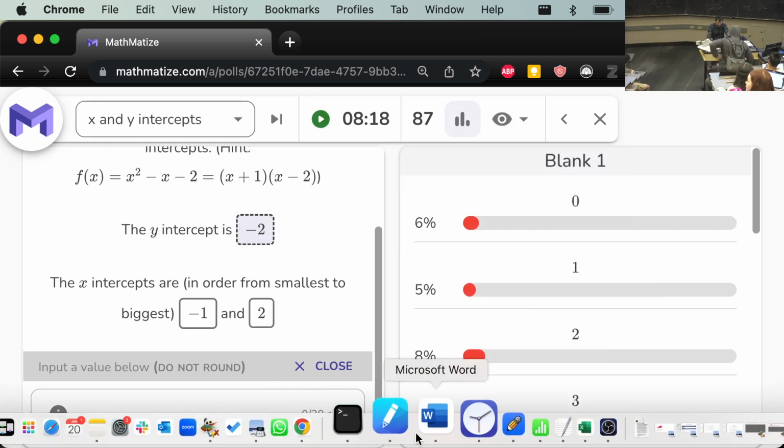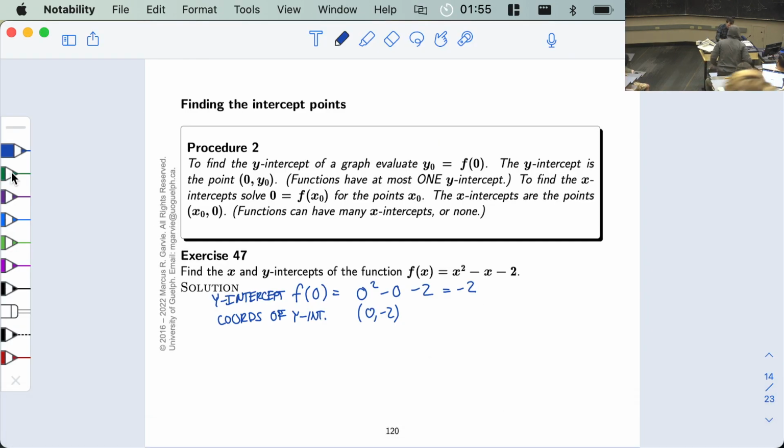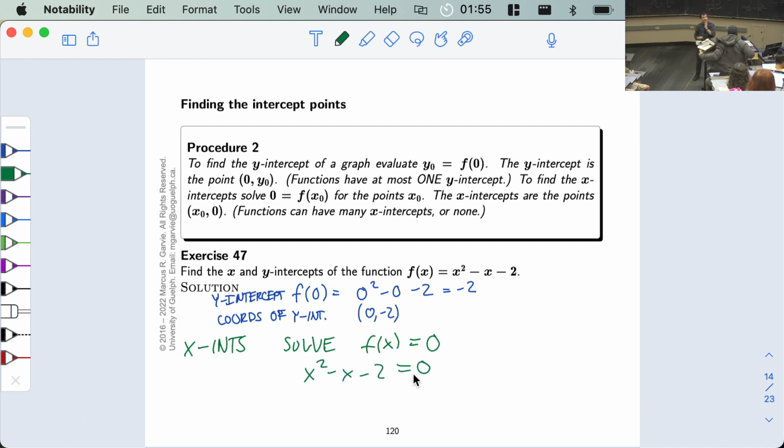Why are the correct answers negative 1 and 2? Again, we are solving for the x-intercepts. We solve f of x equals 0. And f of x equals 0 in this case is x squared minus x minus 2 equals 0. So it's a quadratic equation. You could use the quadratic formula like we did last class and in that extra video I posted. Or you could factor it.